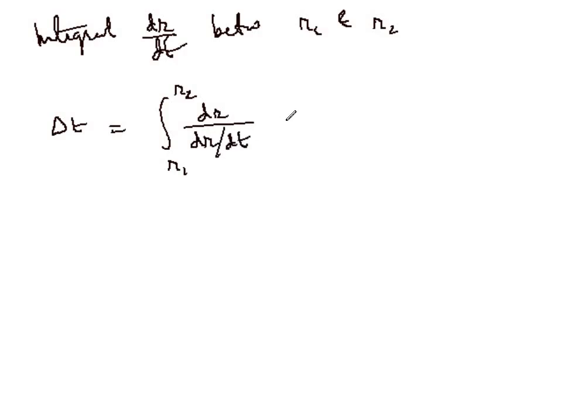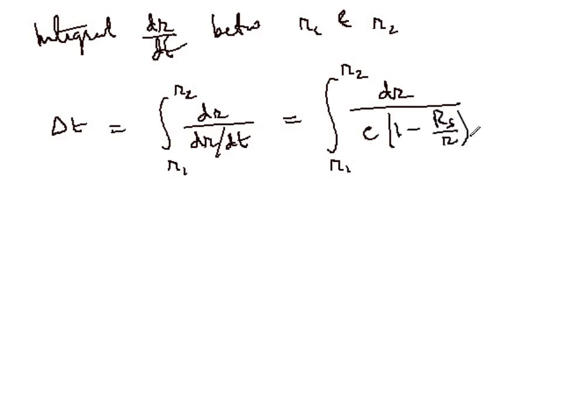We can write it like this, right? Or basically the integral from r1 to r2 of dr divided by c times (1 minus Rs by r). Okay, now if you do the integration, you will see that we get this value.